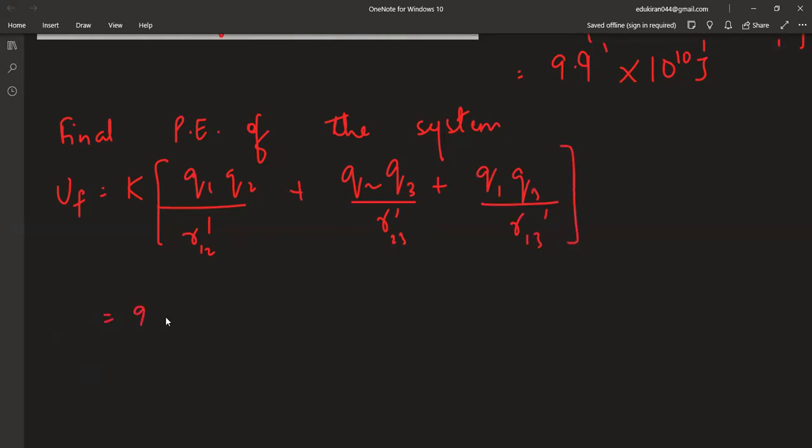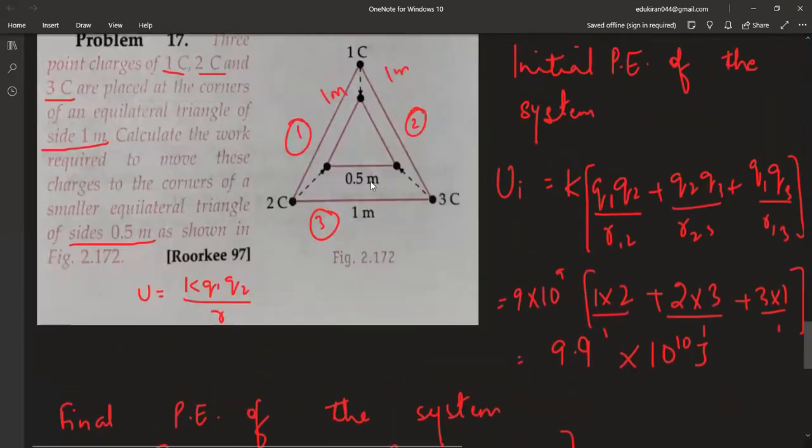So this is 9 into 10 to the power 9. Now the new separation is 0.5.